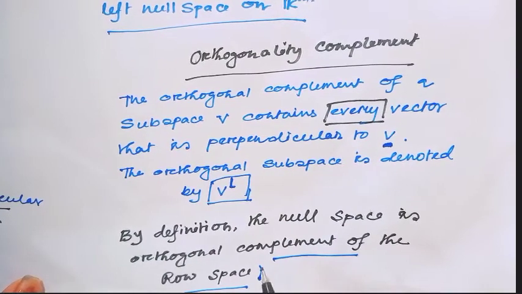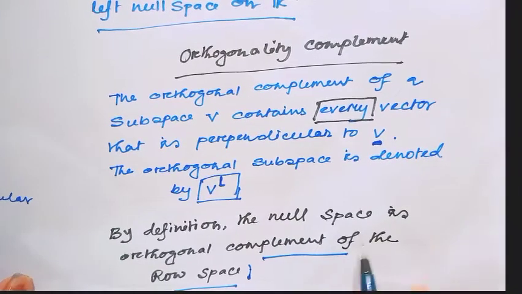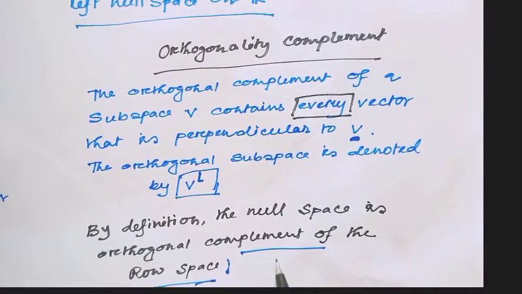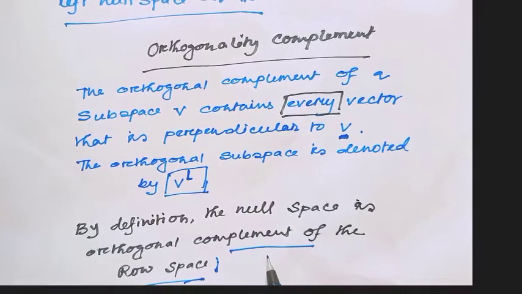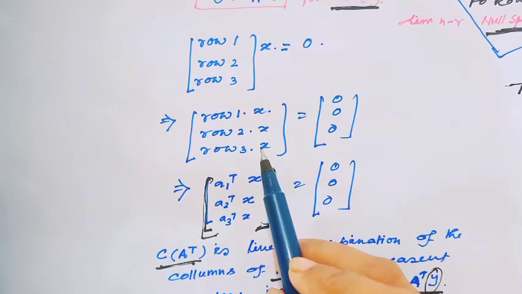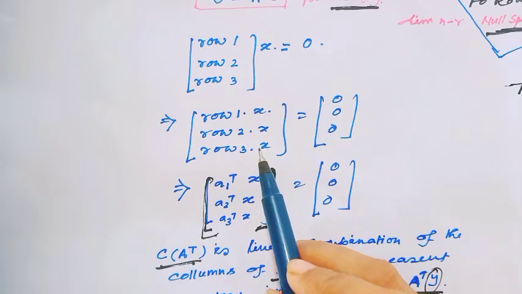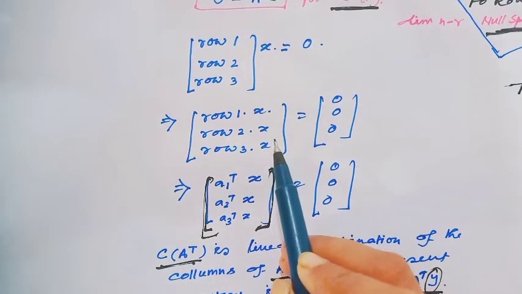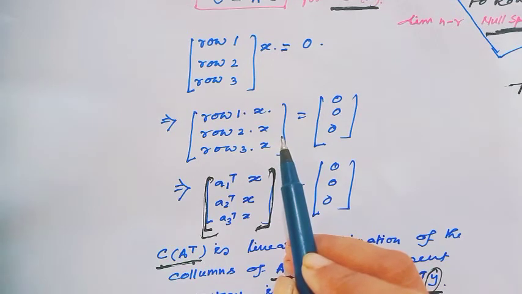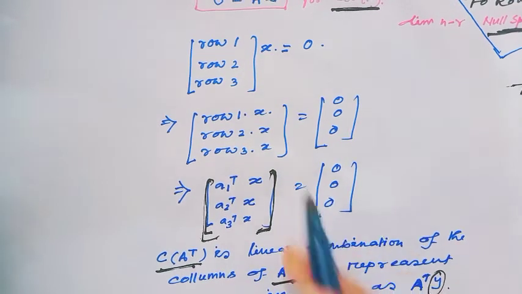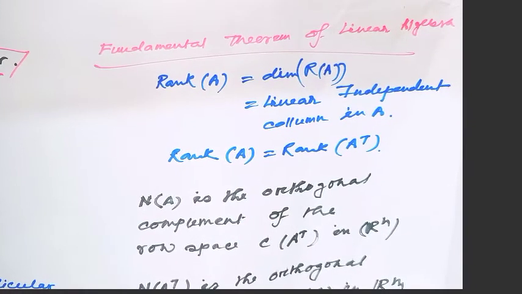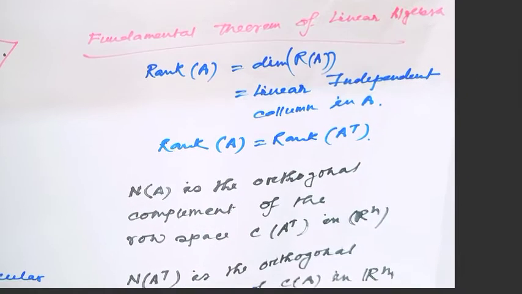So by definition, the null space is the orthogonal complement of the row space, because the null space is orthogonal to each row vector.